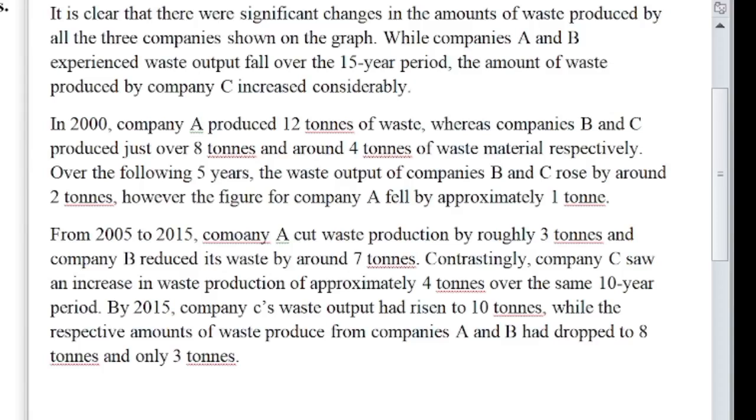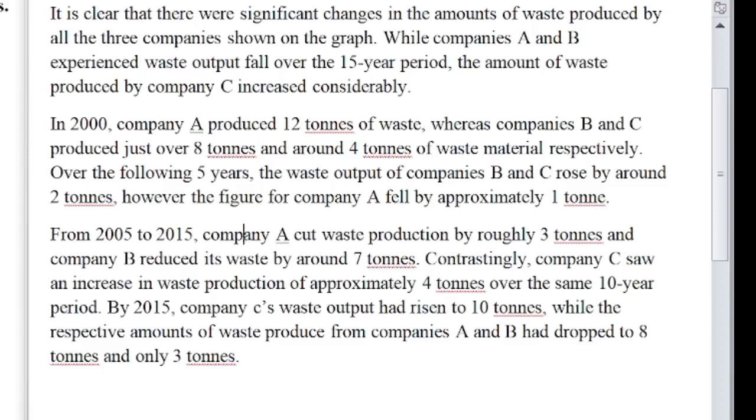Finally, you talk about this side whereby we said from 2000 to 2015 company A cut waste production by roughly 3 tons and company B reduced its waste by around 7 tons. It's very easy to follow through.